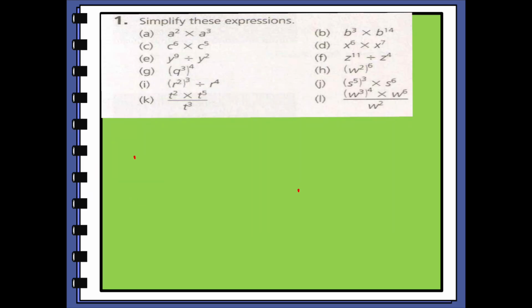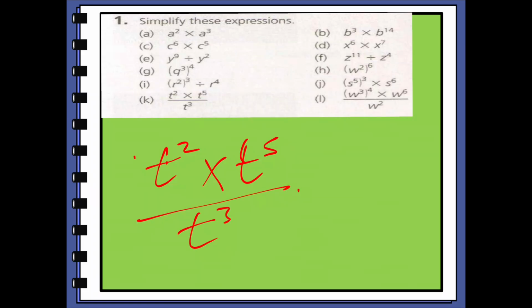Then k says t squared by t power 5 over t power 3. So just to guide you on this one, we do know that when you're multiplying, you add the powers. So here you are going to find t power 2 plus 5 over t power 3.